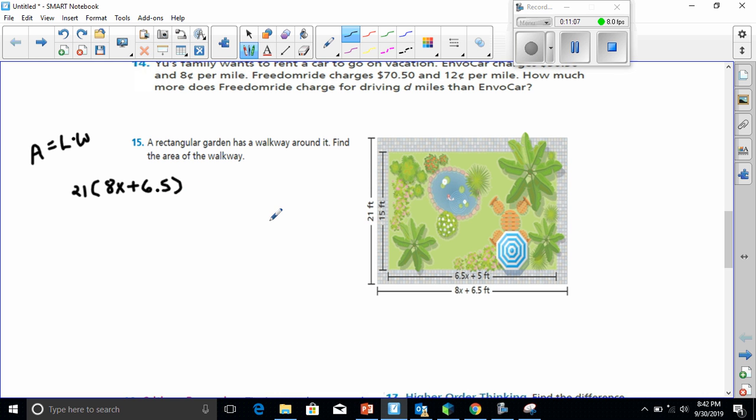Okay, and we're going to subtract from it, well, the yard itself is 15, and since it's length times width, we'll be multiplying that by 6.5x plus 5.